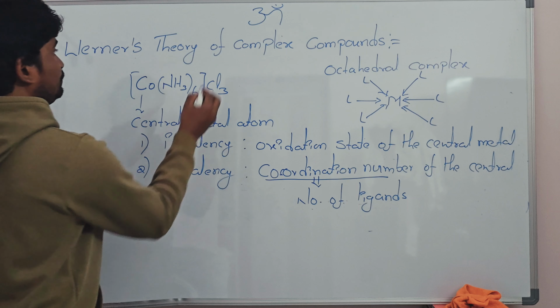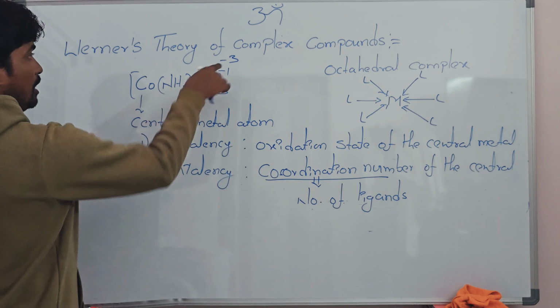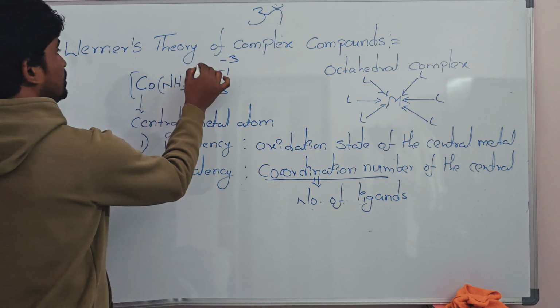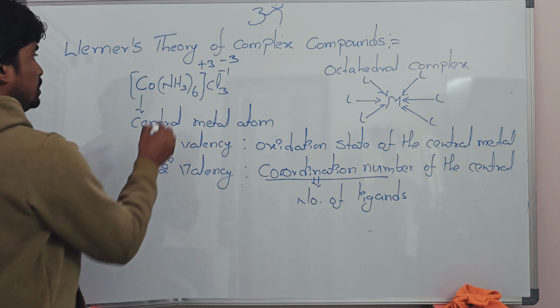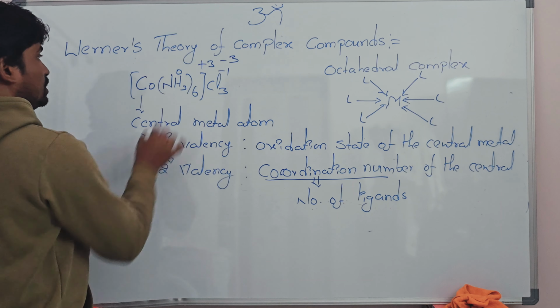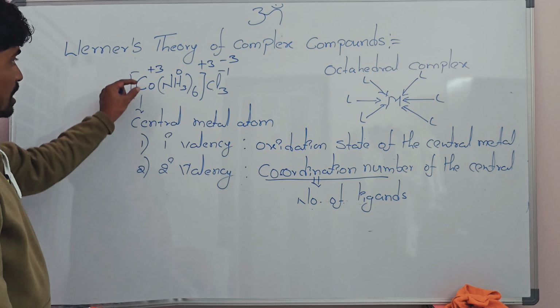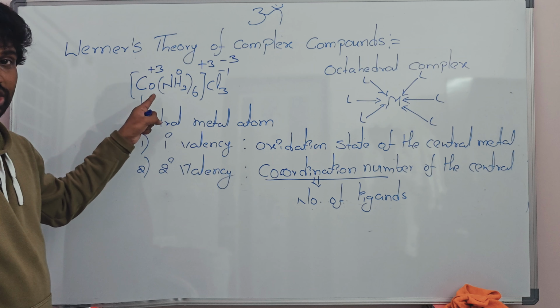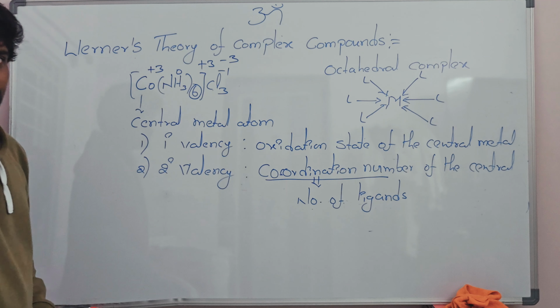Here we observe -1 three times, so -3 on the ionic sphere, and the complex sphere charge is +3. Ammine is a neutral ligand, you know that, so its charge is 0. So the whole charge is nothing but the metal charge, that is +3. So in this complex, the primary valency of cobalt is +3 and the secondary valency is 6, the number of ligands.